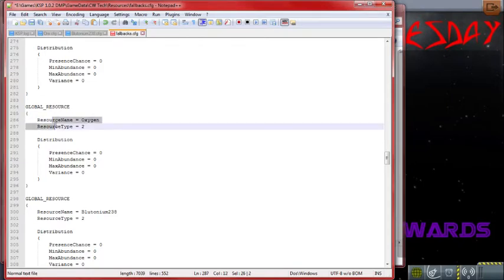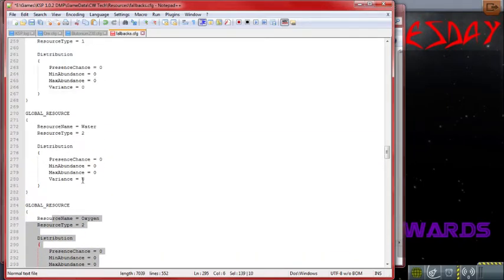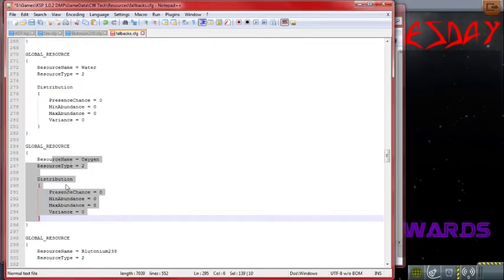So now we're up to atmospheric, and we don't want oxygen or water defined to be in all atmospheres, so we set them all to 0.